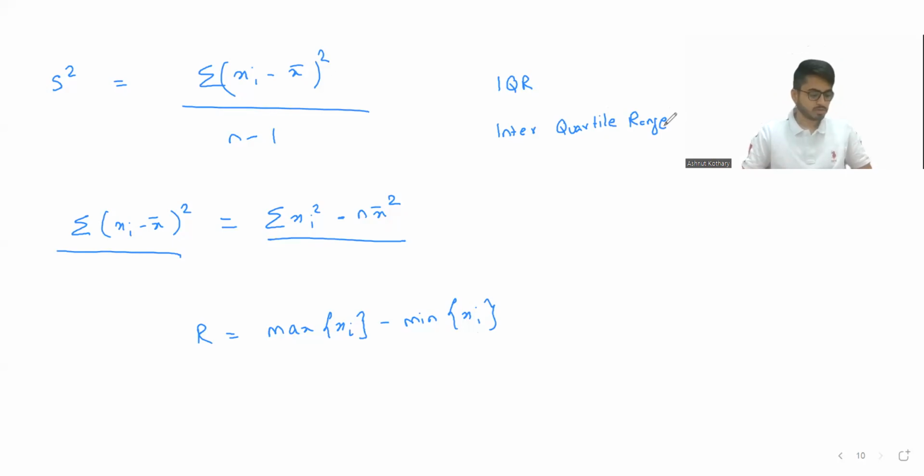So write down, IQR is like the range, but is not affected by extreme values of data.